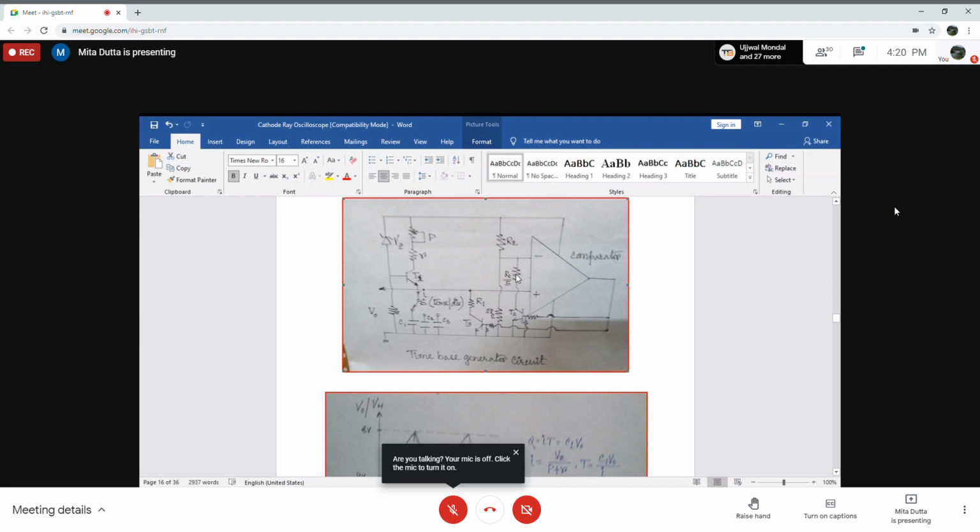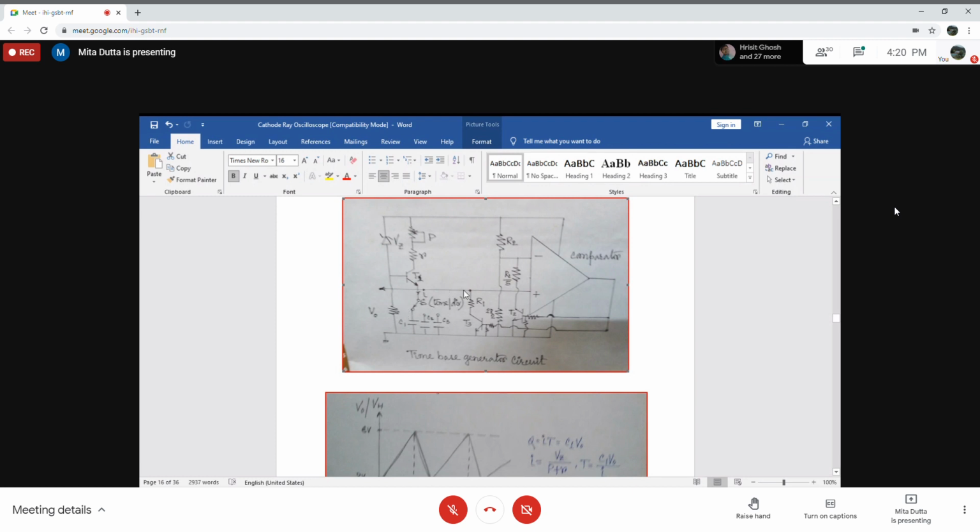If R2 by 5 and 2R2 are in parallel, this parallel combination is in series with R2, and the total resistance divides the voltage across these resistances, which is the voltage across the negative input terminal of the comparator. You can calculate this mathematically, and it is equivalent to 2 volt near about.